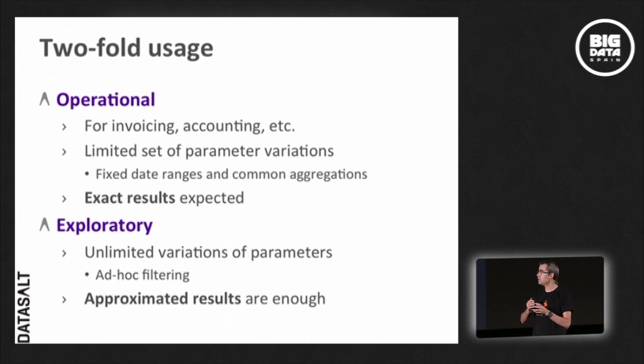And that means that you need some way of doing ad hoc filtering. So that is different from the operational usage in the sense that you can perform any query that you can imagine. And another difference is that in this case, approximated results are okay. You don't need the exact results. You just need to know more or less what's happening.